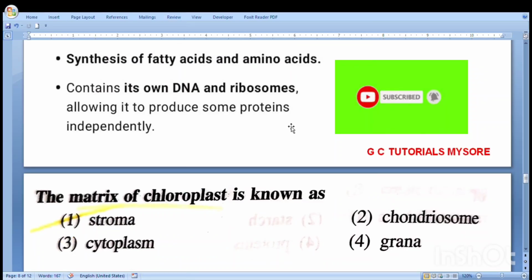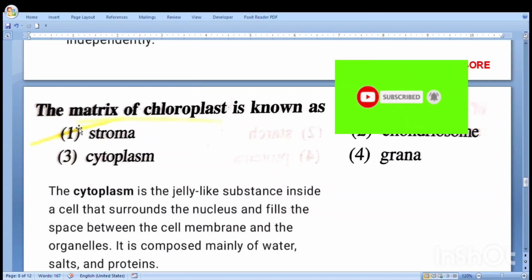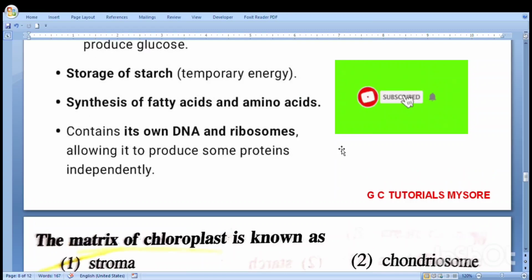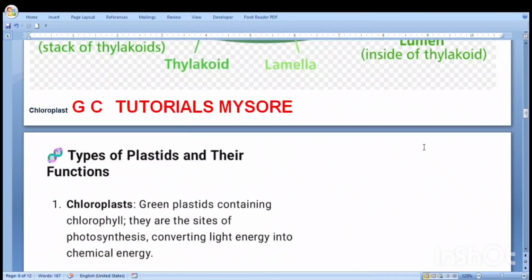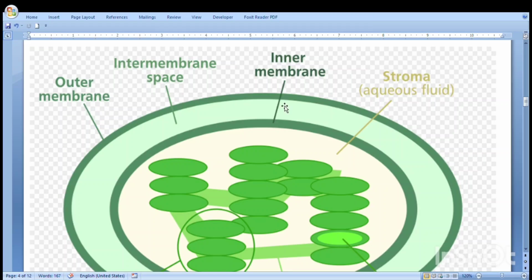Next, the matrix of the chloroplast is known as what? We already studied the chloroplast structure clearly, right? So where is the matrix present? The matrix means the outer layer. The matrix of the chloroplast is considered as stroma.